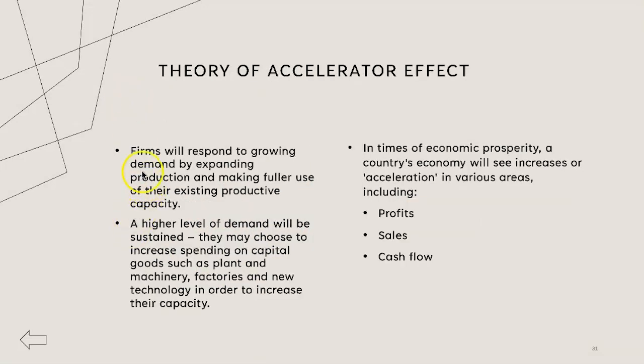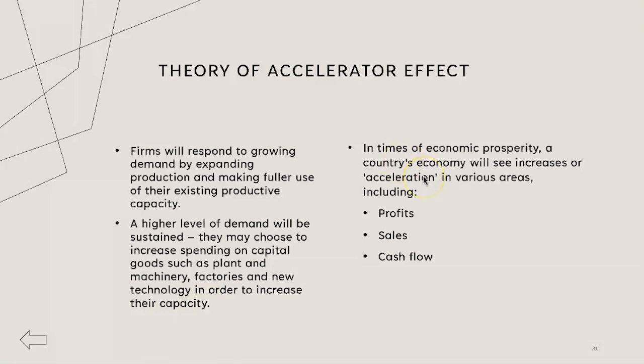The firms will respond to the growing demand by expanding production and making fuller use of their existing productive capacity due to the higher increase in demand. Okay, the higher level of demand will be sustained. Okay, they may choose to increase spending on capital goods such as plant and machinery, factories and new technology in order to increase their capacity.